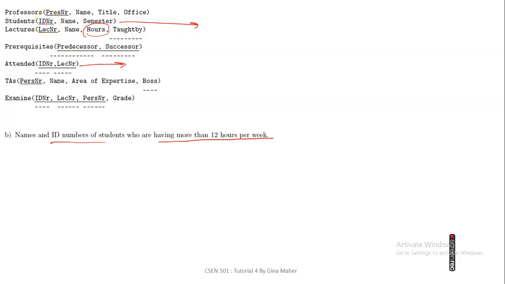Okay, so the data we want to check is the name of the students and the ID. How can we get the total number of hours attended per week?